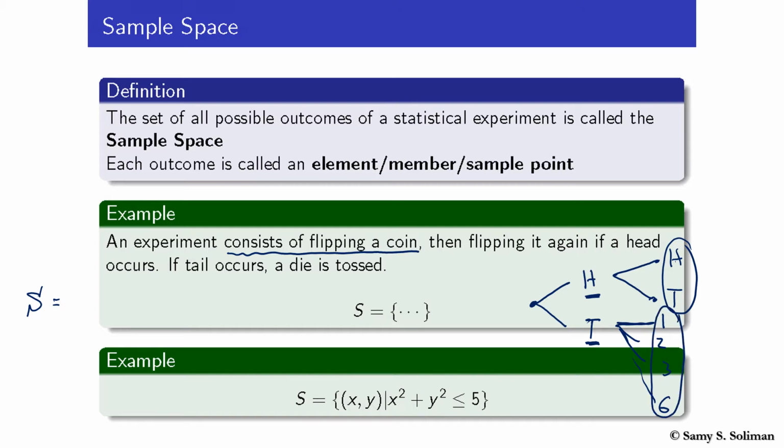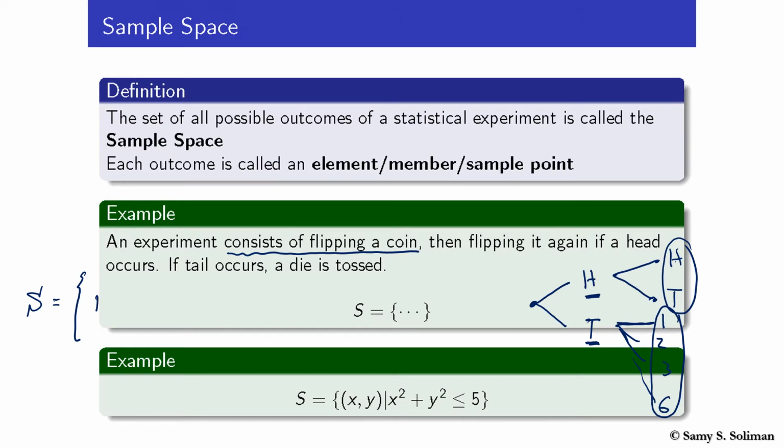So if you want to write the sample space in this case, we might choose to write it in this form. Each element is composed of two parts. The first part resembles the outcome of the first part of the experiment, and similarly the second part.